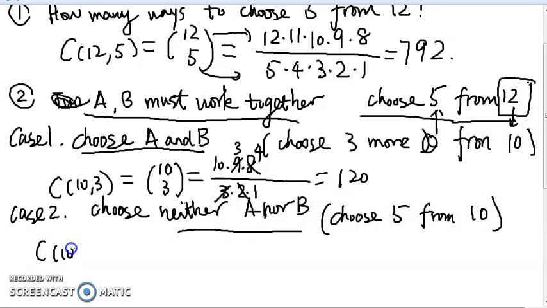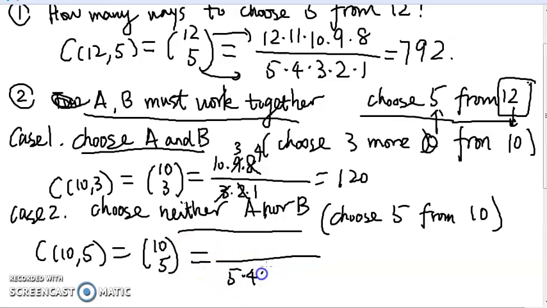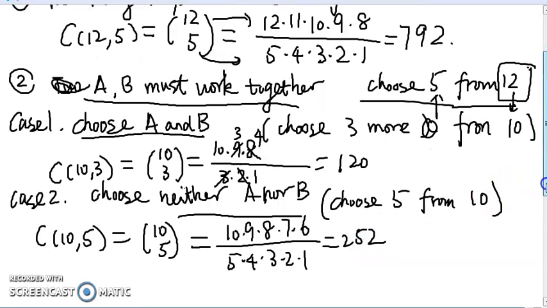That's C(10, 5), equal to 10, 9, 8, 7, 6 on the top over 5, 4, 3, 2, 1 on the bottom, and we reduce this, or you can use the calculator. We're going to get 252.